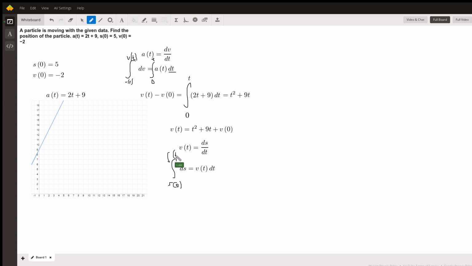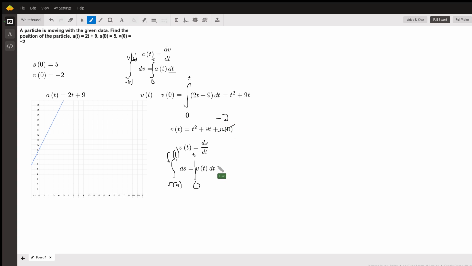Ooh, my handwriting with the mouse is very bad. And just like before with the v of 0 to v of t, this will be from 0 to t, which I forgot to mention. This one turns into minus 2.